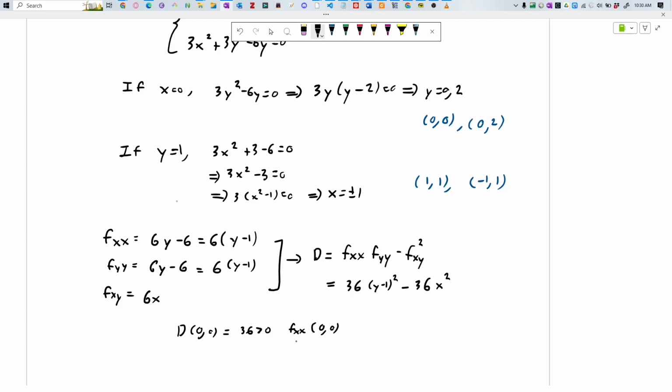Technically you could use either xx or yy, but the convention is to use xx. So we do that, and we get negative 6, which is less than 0. Second derivative, I'm just double checking. So yeah, it's negative, which means it's concave down, so that means that this is a local max.